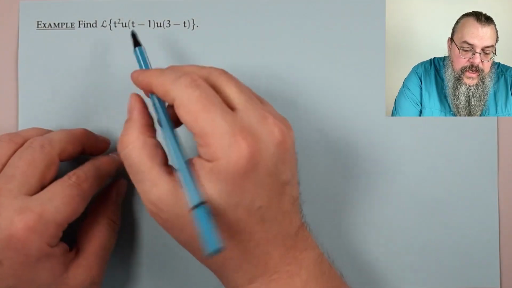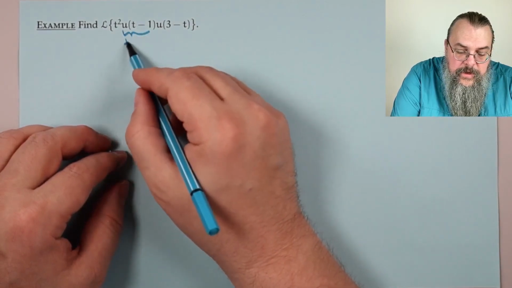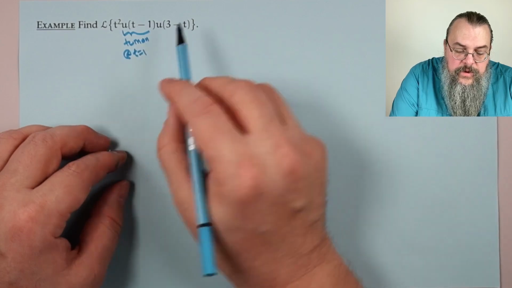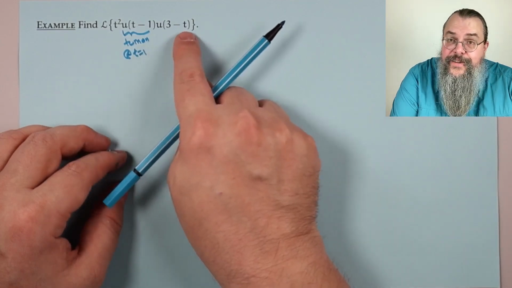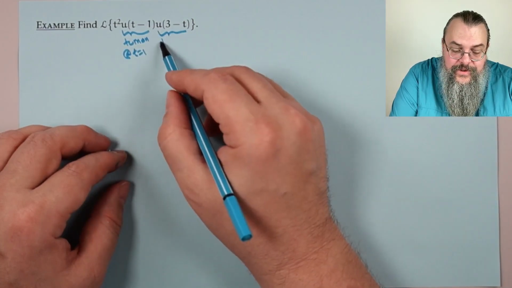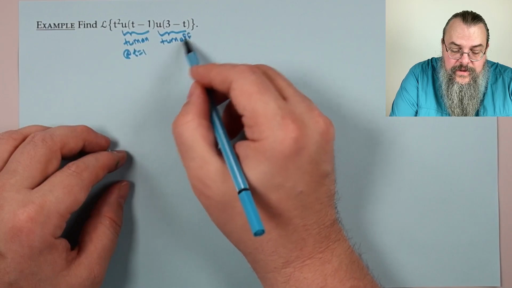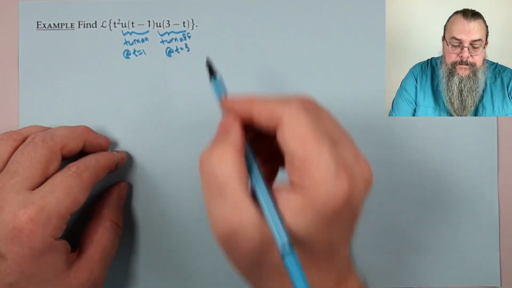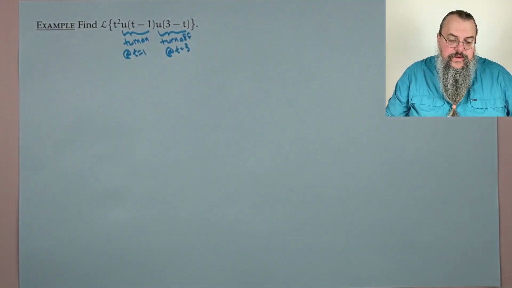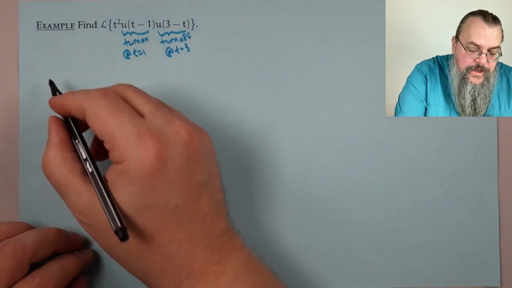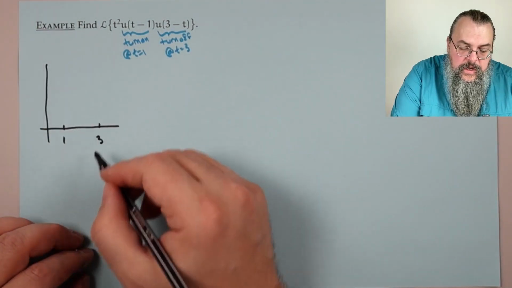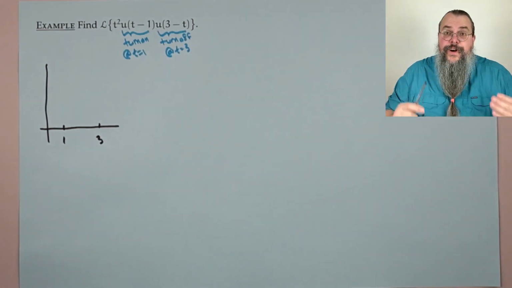So here we have a turn on at t equals 1. And the reason we turn off is because it's 3 minus t, so it's on up until 3. So this turns off at t equals 3. What does this tell us? Well, there's time 1, here's time 3, and initially it's off.